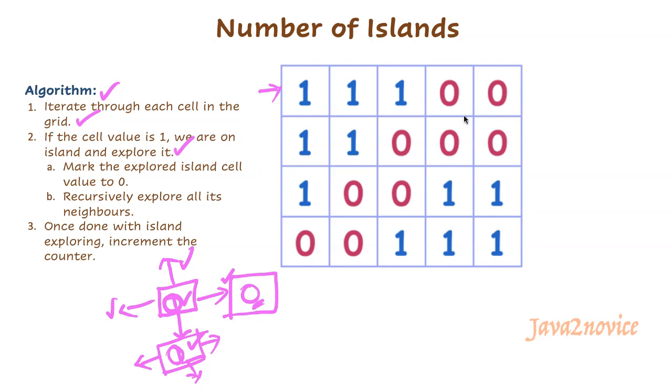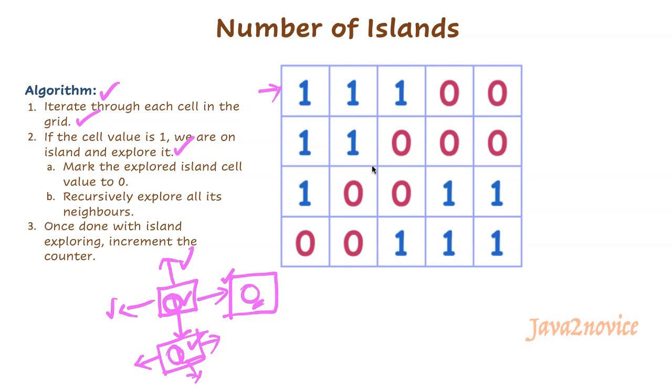The same logic will be applied on this grid too while iterating on each cell. We will recursively visit each cell in the island and complete exploring the island. Once the island exploration is done, we will increment the counter and continue visiting all the cells in the grid and explore all islands. So this is our algorithm.